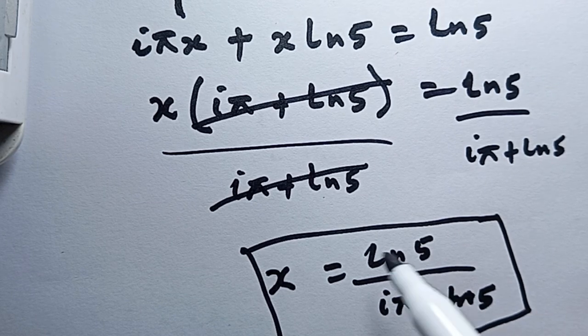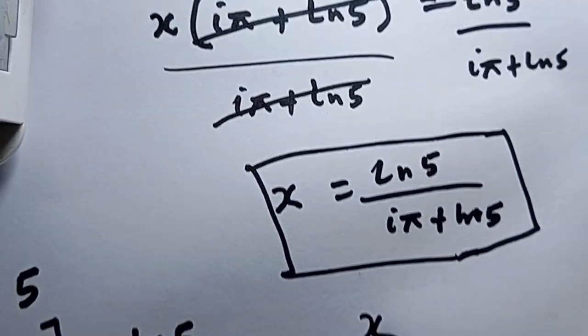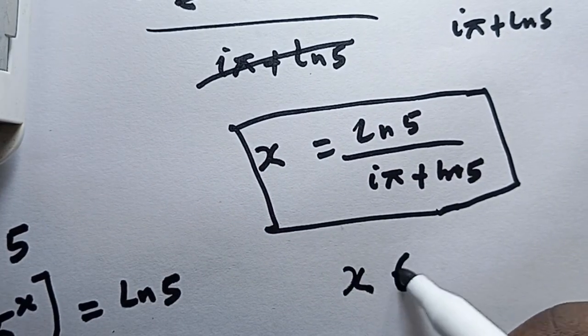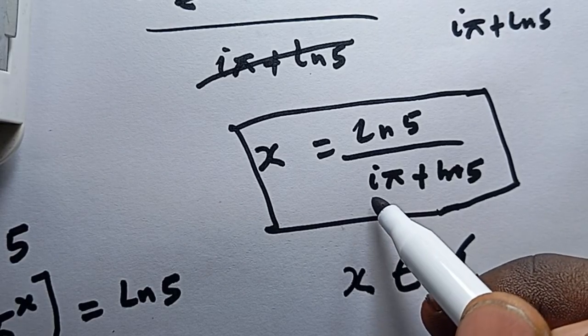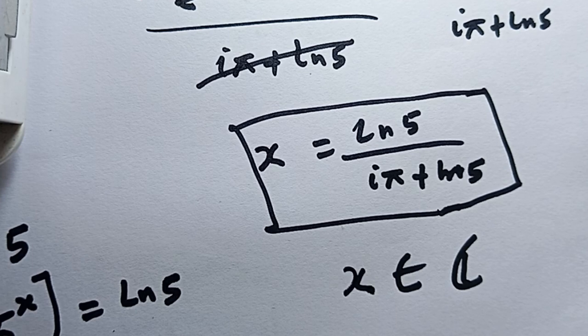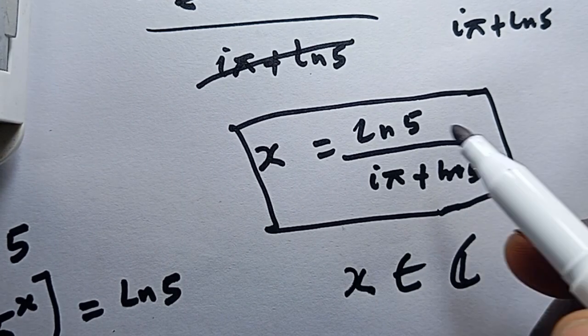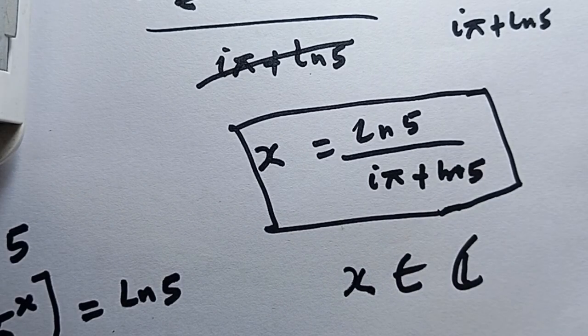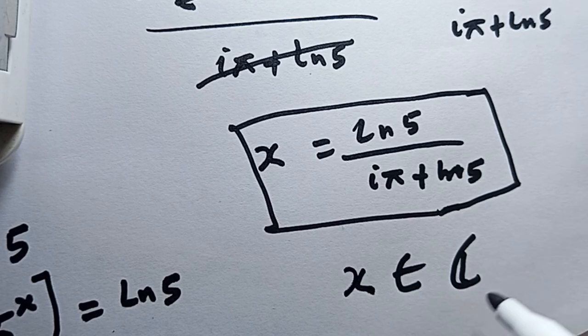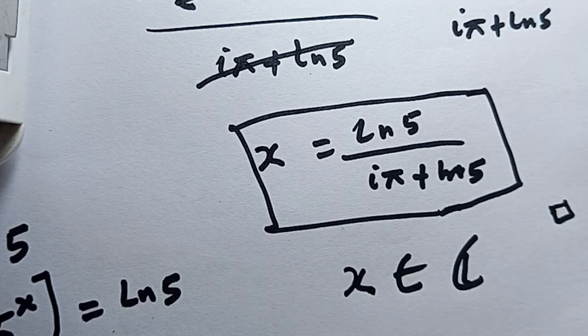Okay, but the whole value of x is actually going to be a complex number. So you can see basically here that x is an element of complex numbers because of the presence of this imaginary number over here. But this of course will give you a real number. So if you compute all of them and put right here, you're also going to be having a complex number. So this is the value of x.